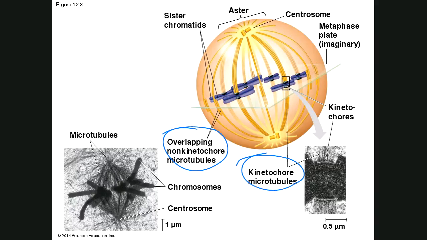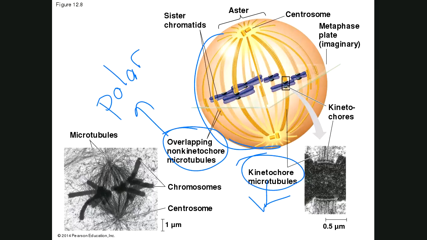I also call these the polar because they go from pole to pole, but they're not holding any of those chromatids. Now, the kinetochore microtubules down here, they divide the chromatids, right? They pull them apart. And the polar ones, they push the cell apart, right? They elongate the cell. I'm going to show you a picture of that.